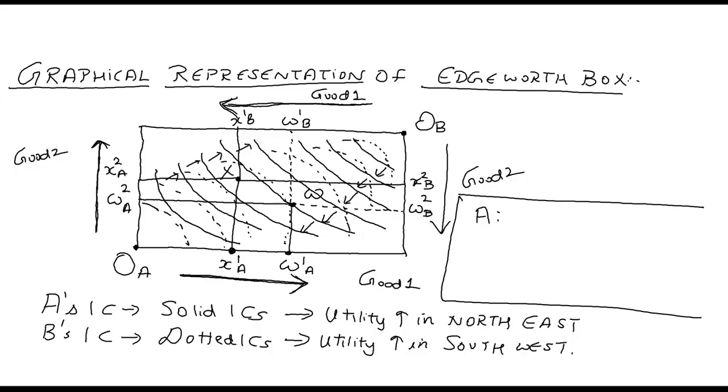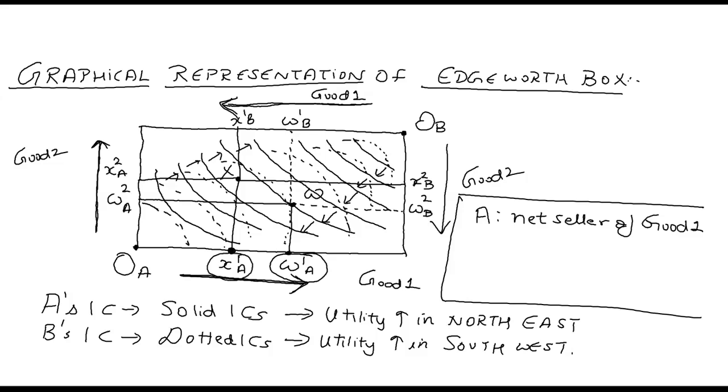Agent A's endowment is omega 1A. But how much is agent A actually consuming? X1A. So I can say that agent A is a net seller of good 1, because he is consuming less than his endowment.